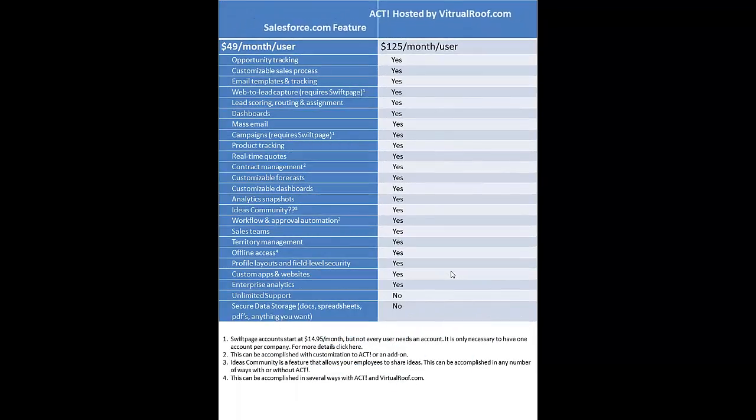I'm going to move on to the next slide. And basically what we're doing is we're just going to flip this thing around. On the left hand side are all the things that you get with the $49 package from us. And on the right hand side are all the things that you get with Salesforce.com at $125 a month. So you almost get all of our features with Salesforce.com.